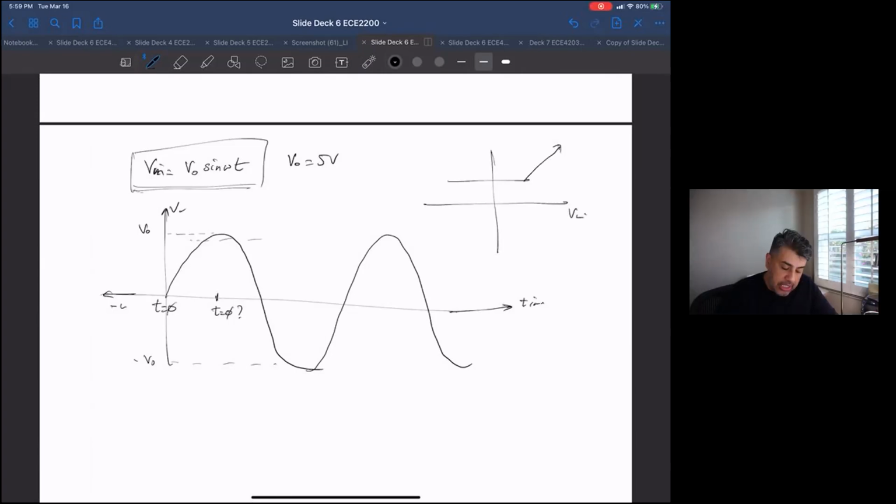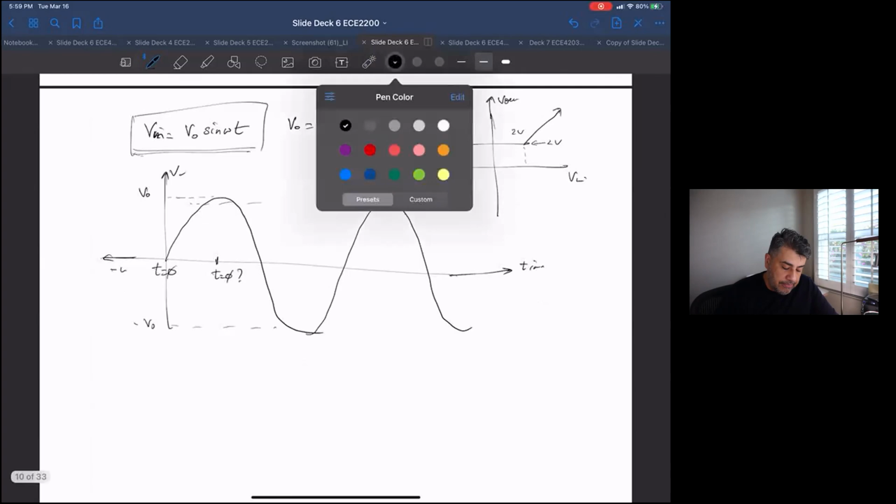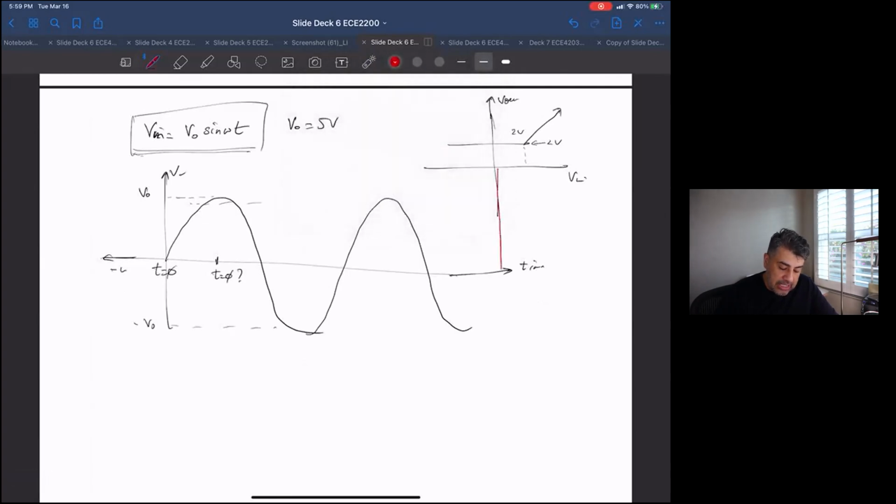So that's going to get stuck into something that has a transfer function like 2 volt and 2 volt. If I was going to draw this, it's not a scientific method, but you just try to plot that and look at what happens.